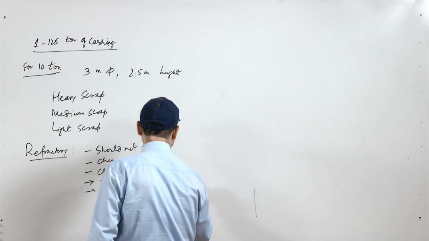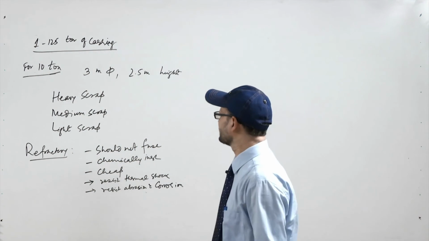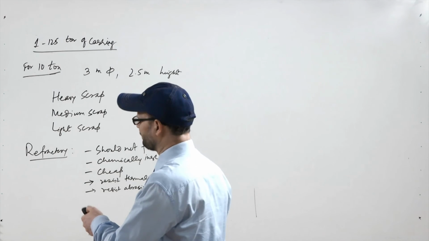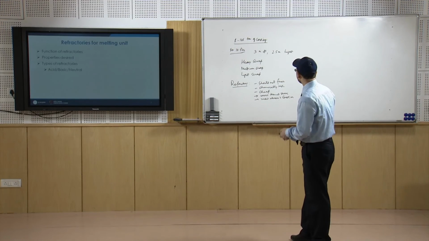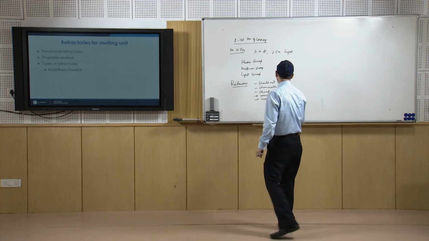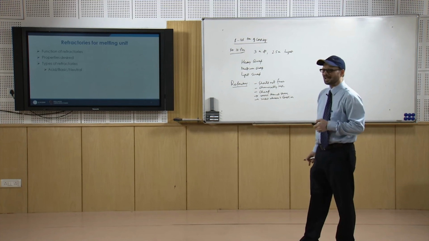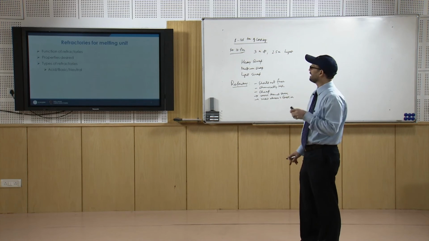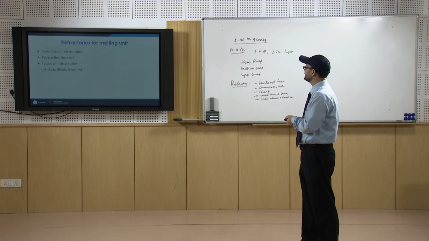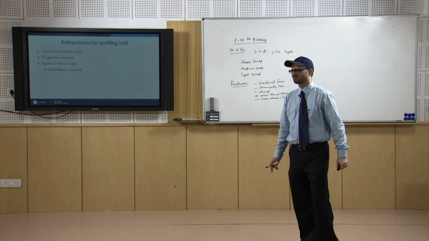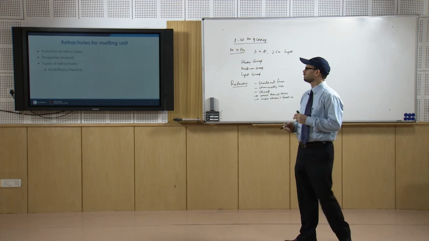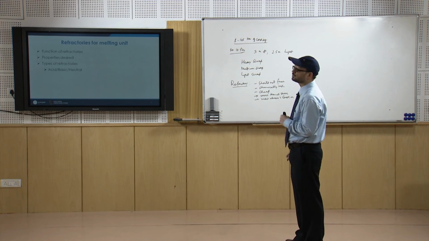So, there are many qualities which a refractory should have. Now, it should not react. So, based on that you have the types of refractories. You may have acidic refractories, basic refractories and neutral refractories. So, the lining may be known as acidic, basic and neutral.